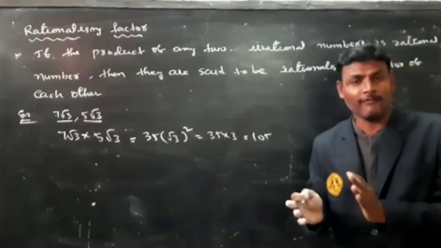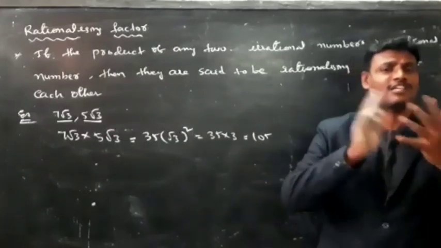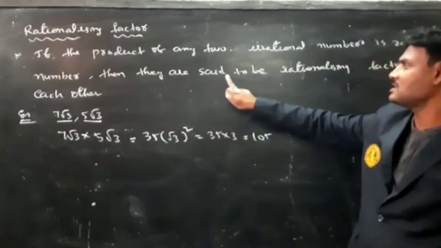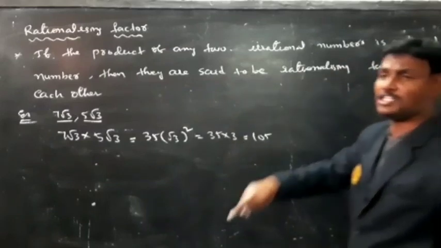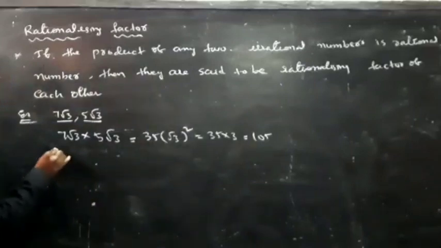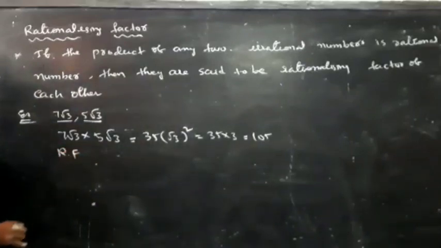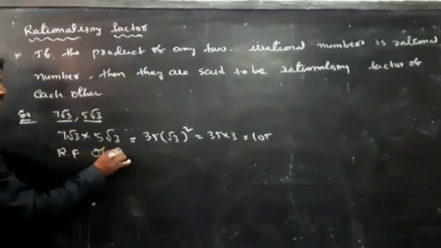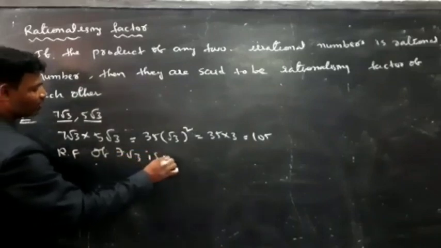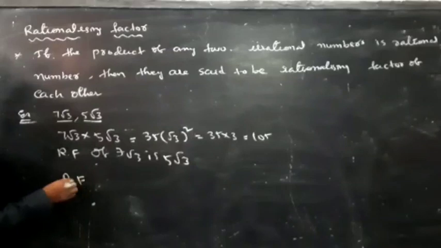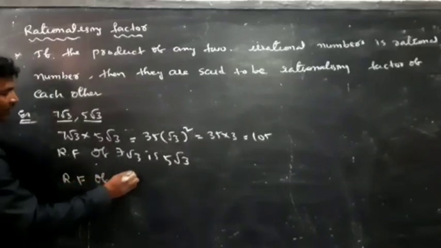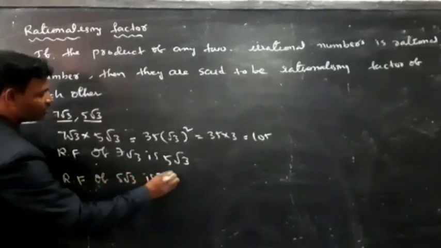If the product of two irrational numbers is a rational number, then they are said to be rationalizing factors of each other. It means the rationalizing factor of 7 root 3 is 5 root 3, or the rationalizing factor of 5 root 3 is 7 root 3.